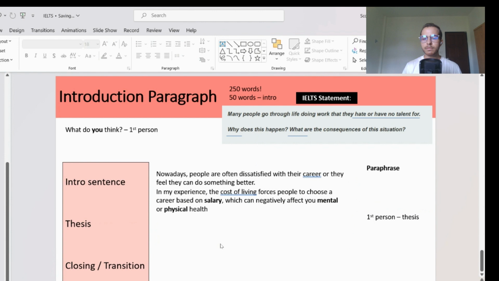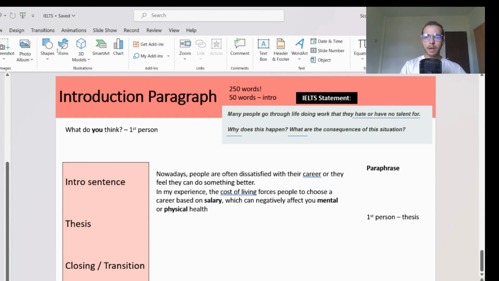But if you feel you have some more space, or you want to make a smooth transition into your body paragraph, and you have enough time, you can write a closing sentence or a transition into the next paragraph. I'm going to write a short one today.